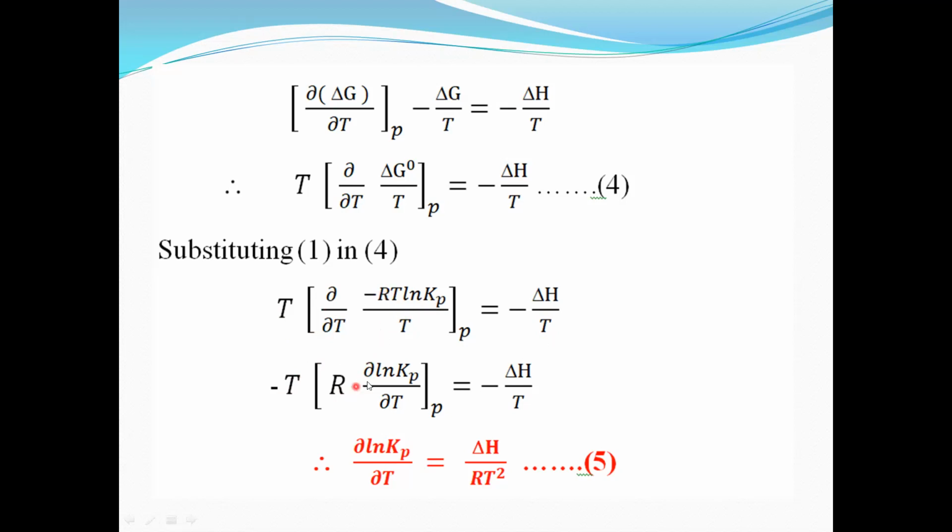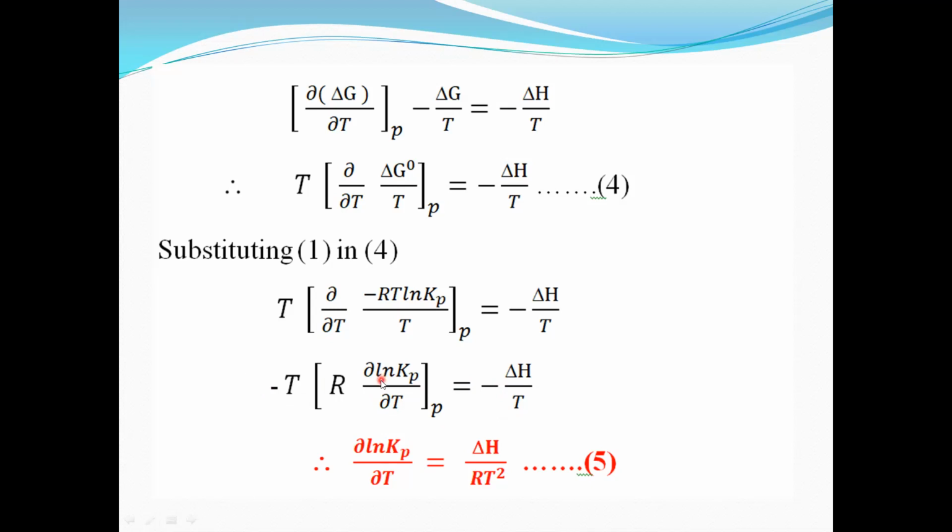What remains inside the derivative? The partial derivative of ln Kp with respect to T at constant pressure, and that is equal to minus delta H upon T. Now on the left hand side there is a minus sign, on the right hand side also there is a negative sign. So this minus and this minus get plus. So what remains?